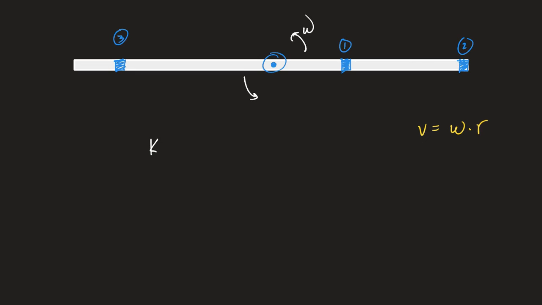So the kinetic energy of the three blocks together would be the kinetic energy of block 1 plus the kinetic energy of block 2 plus the kinetic energy of block 3. This would be the kinetic energy of the three block system. Eventually we'll expand it to be the whole bar, but right now we're just talking about these three blocks.